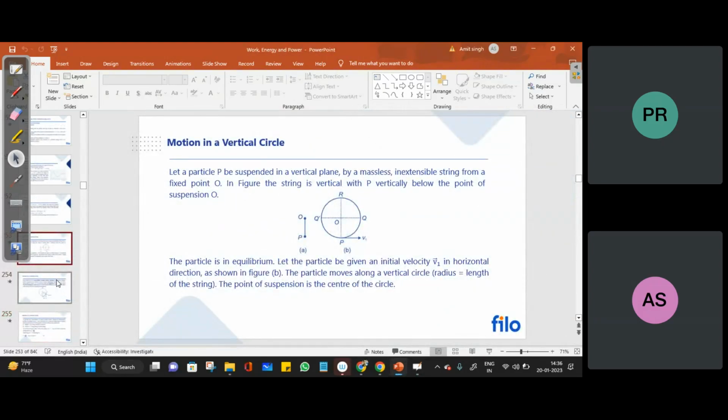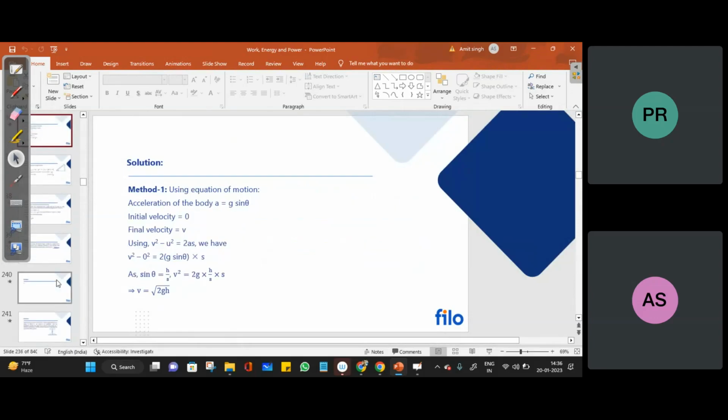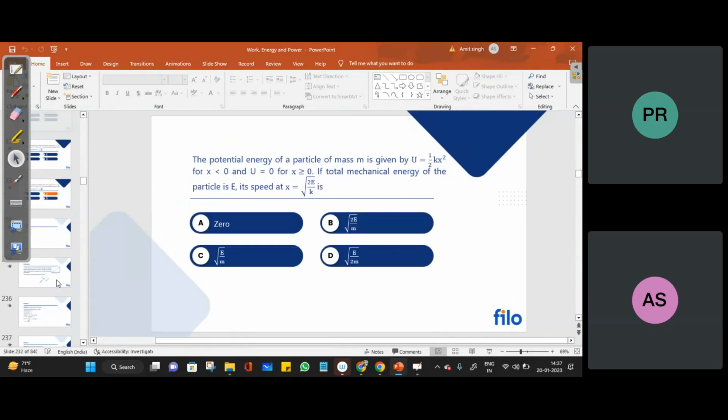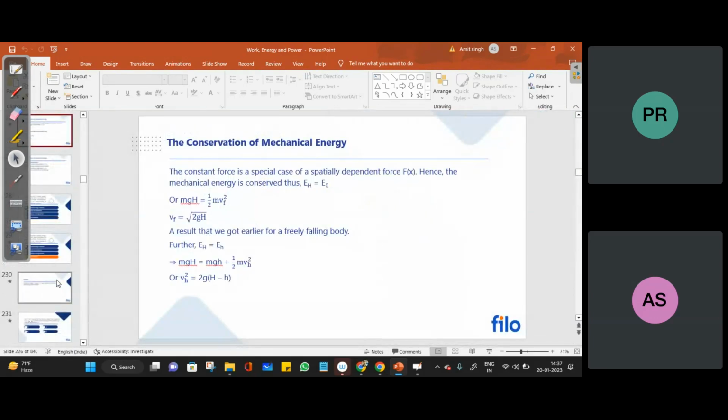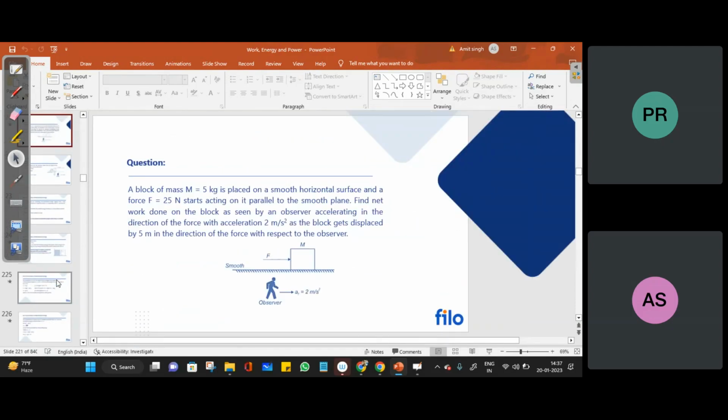Once we are done with mechanical energy and the work energy theorem, you can jump to vertical circular motion. Just give me 1 minute. Something is missing. The missing thing is the conservation of mechanical energy.